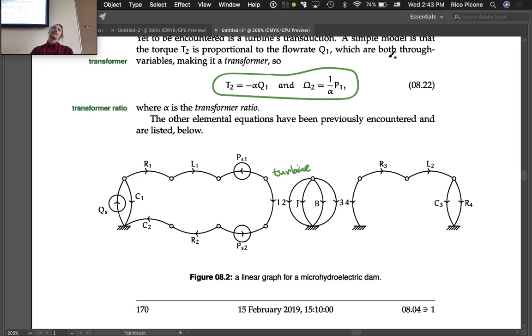The volumetric flow rate is directly related to how much torque you get out of it. If you understand that, then you'll understand that there will be some relationship between the torque and the flow rate, and therefore some relationship between the angular velocity and the pressure drop across the turbine as well.